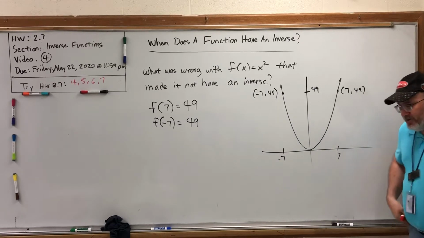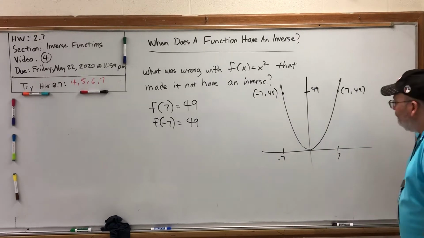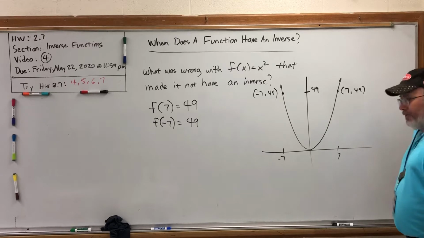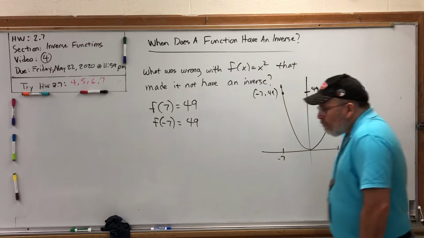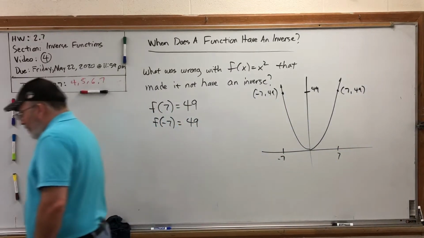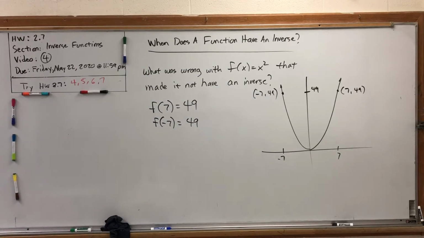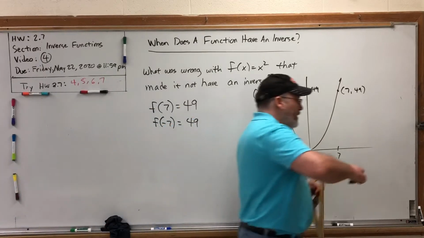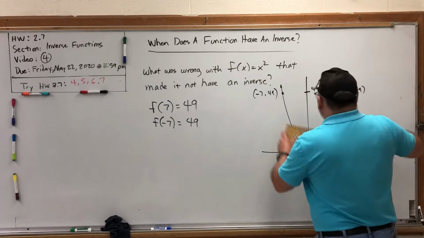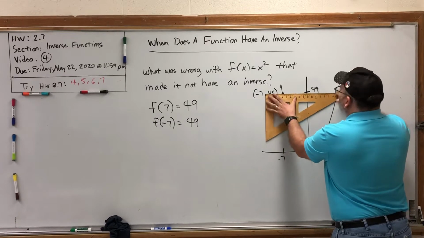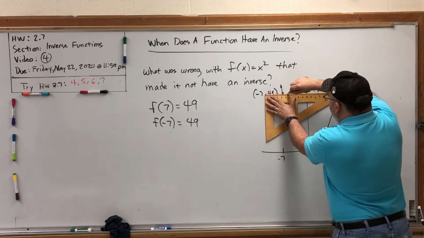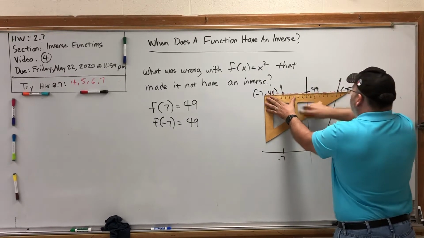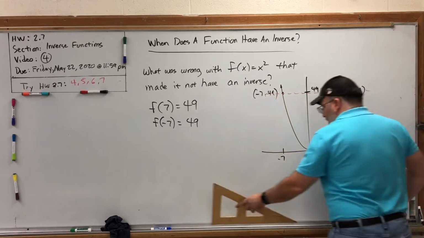There's a couple of ways to describe what's going on here. Number one is visually on the graph. We have 2 points on the graph that are on the same horizontal line. If I drew the horizontal line y equals 49, it hits the graph in 2 places.